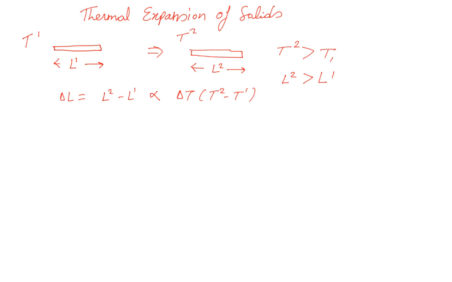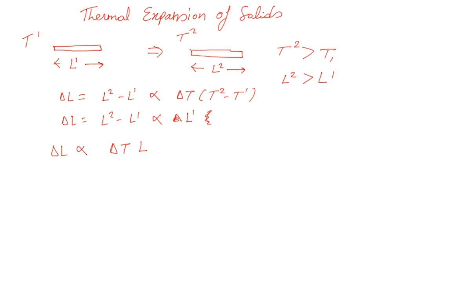Moreover, it has been observed that delta L is also proportional to the initial length L1. So in a way you can say that delta L is proportional to the change in temperature delta T multiplied by the initial length, let's call it L now, of the rod.